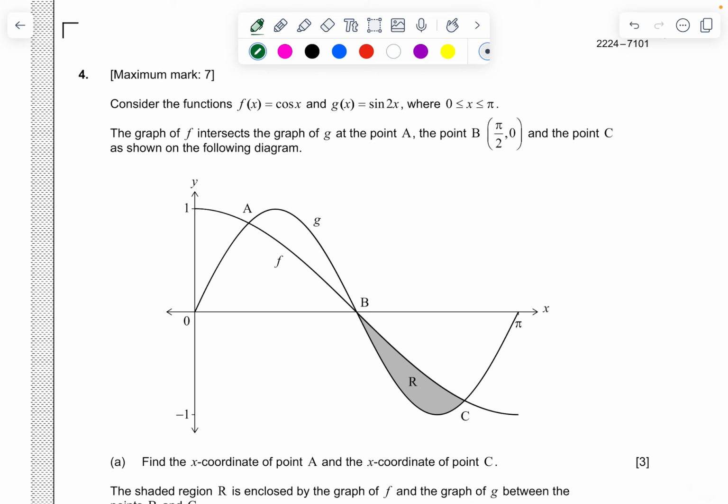Now coming to question number 4. In question number 4, consider the function f of x equals cos x and g of x equals sin 2x. F of x equals cos x and g of x equals sin 2x.